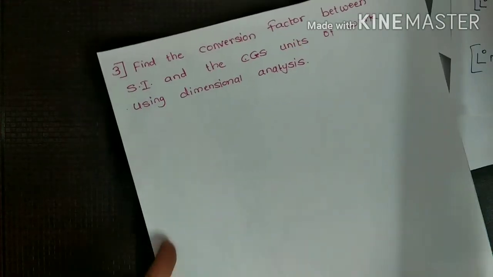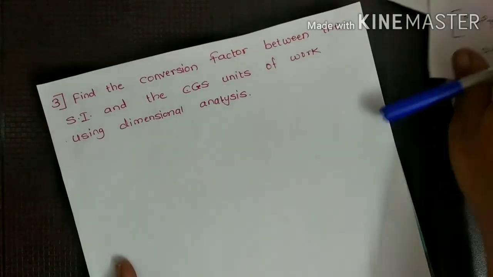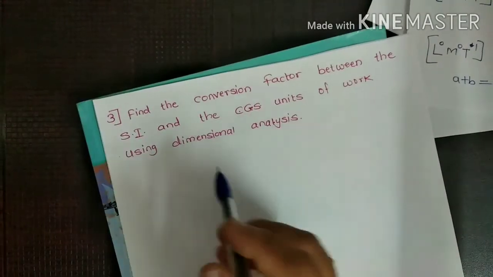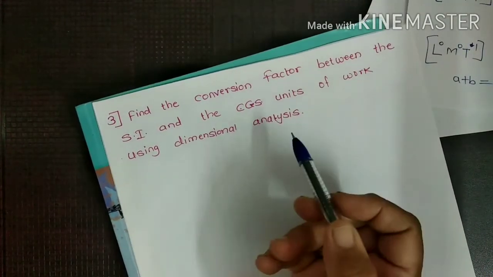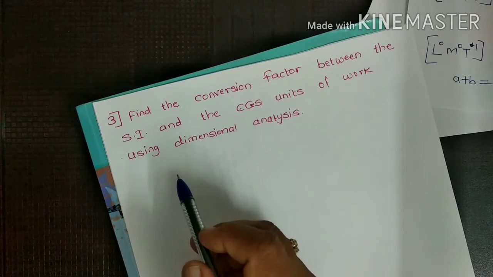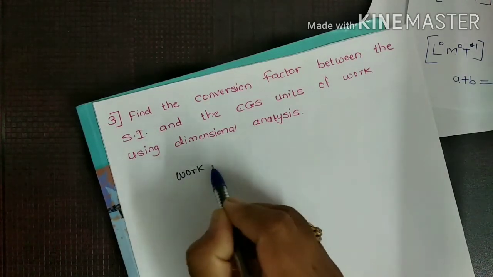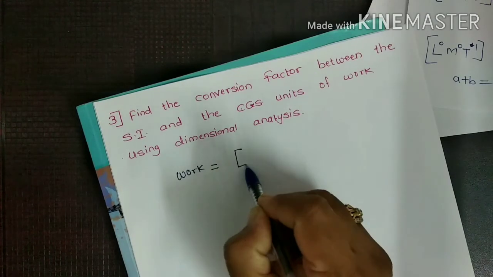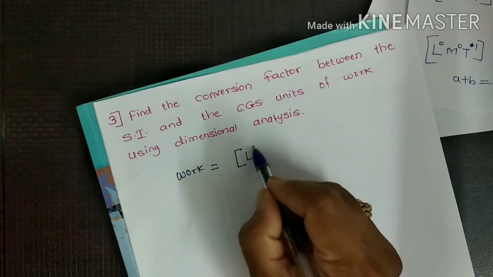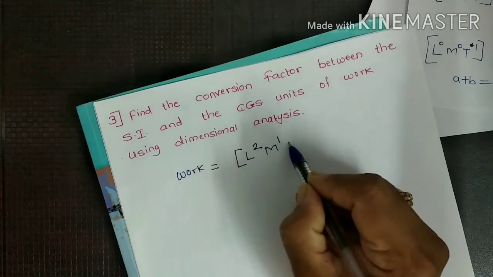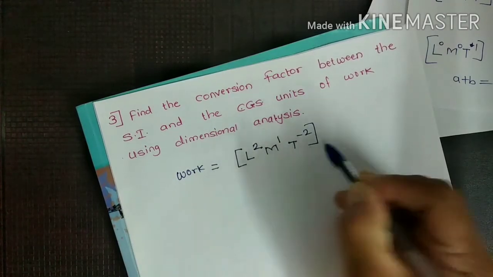Next, we have to find the conversion factor between the SI unit and CGS unit of work using dimensional analysis. We know that work has dimensions L raised to the power 2, M raised to the power 1 and T raised to the power minus 2.